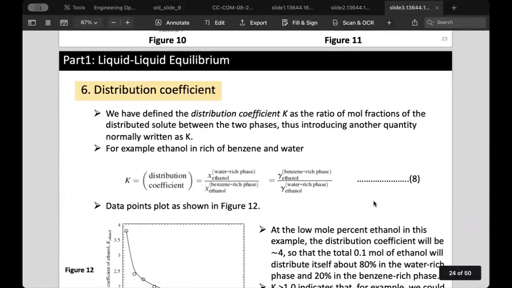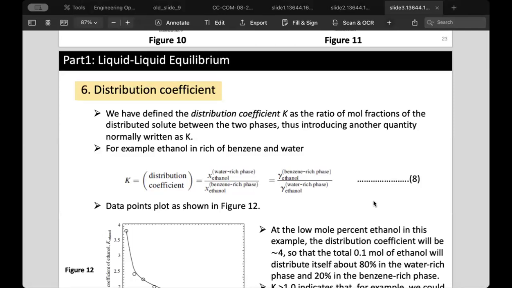The next one is the distribution coefficient. We define the distribution coefficient as follows. Imagine that we study a ternary system. We have a benzene phase and a water rich phase, and we add ethanol to the system, so now it's a ternary system.